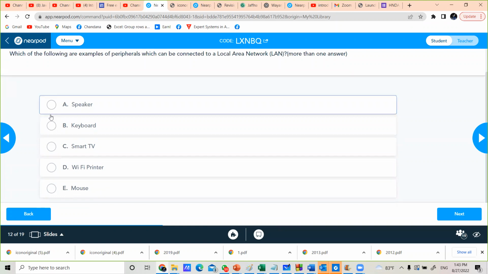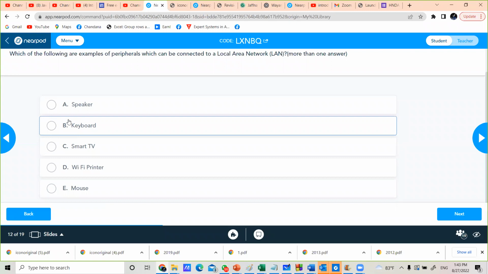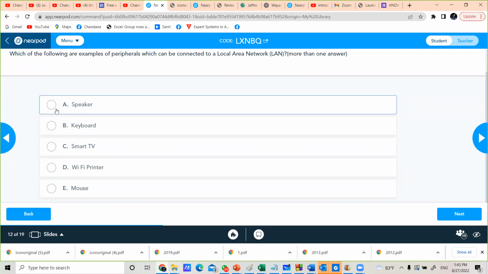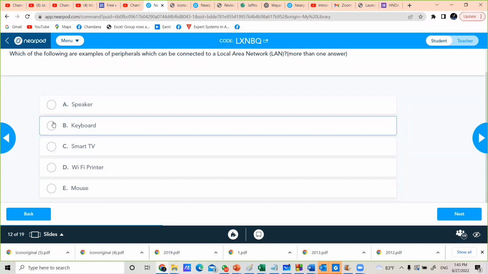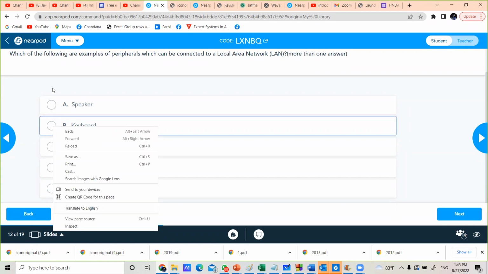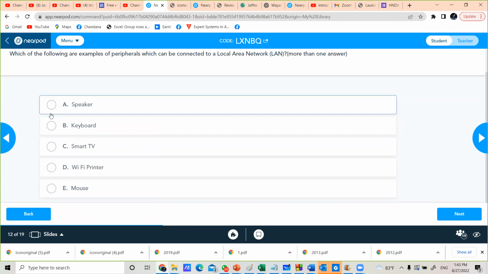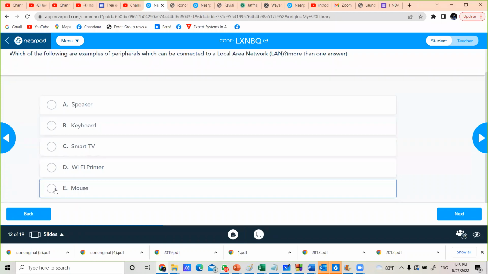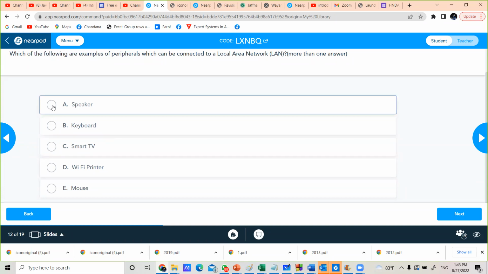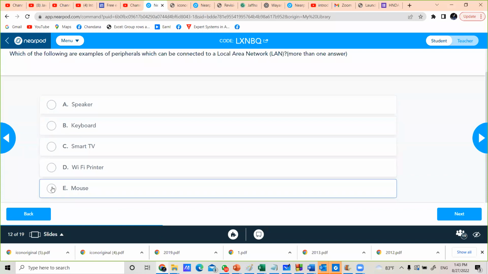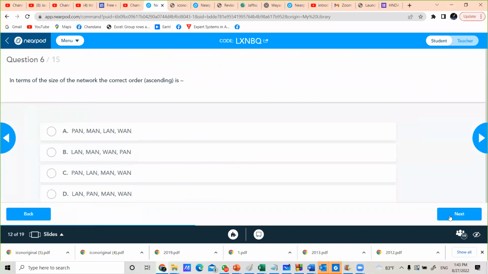Keyboard. Mouse also you can attach to the local area network. Speakers, keyboard, and mouse. We'll move to the next question.